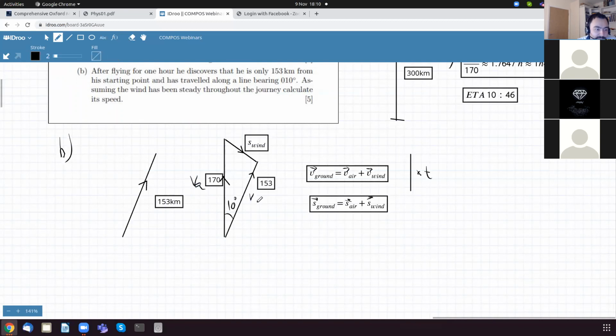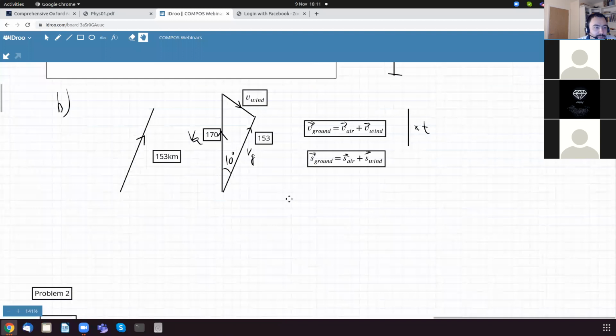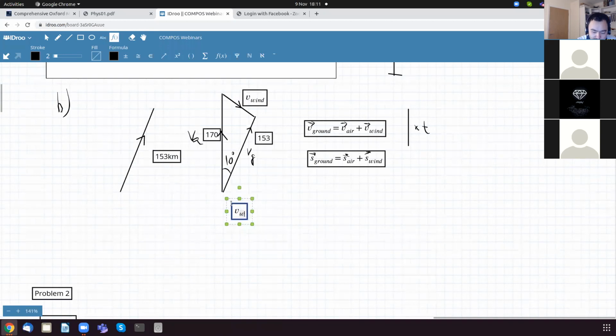This is velocity relative to the ground. And this is the velocity of the wind. All are vectors.